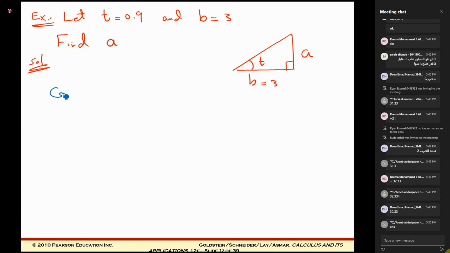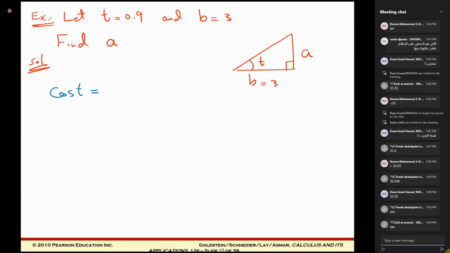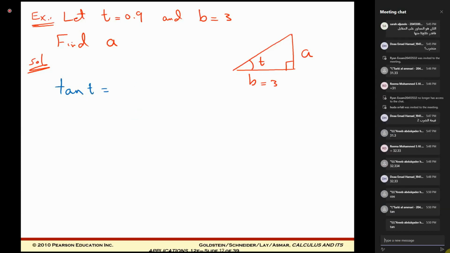Okay, cosine of T gives me what? Adjacent over hypotenuse. The hypotenuse I don't have and I'm not asked for it. So tan. Let's see tan. Tan of T equals opposite over adjacent. Good. The opposite we need to find, A. The adjacent is given, and T is given.